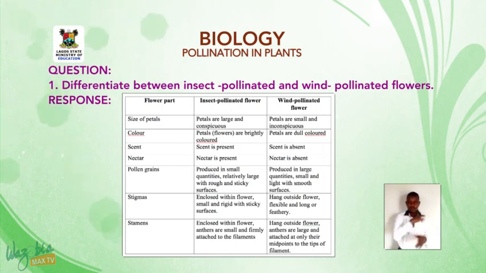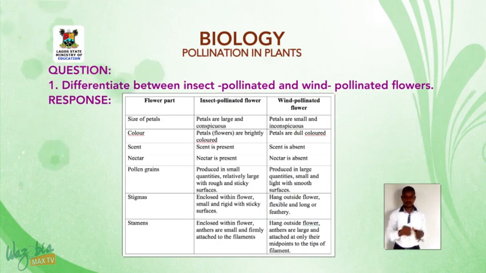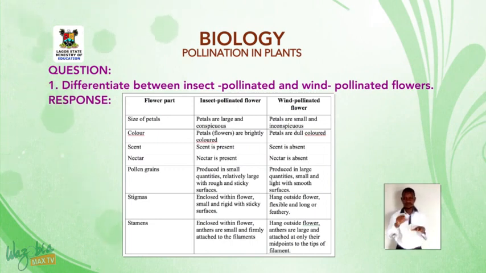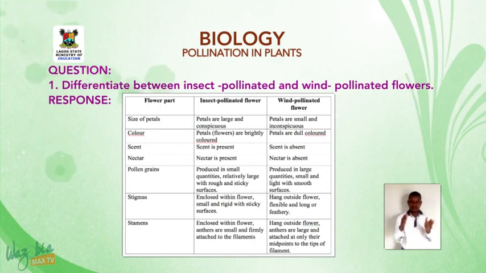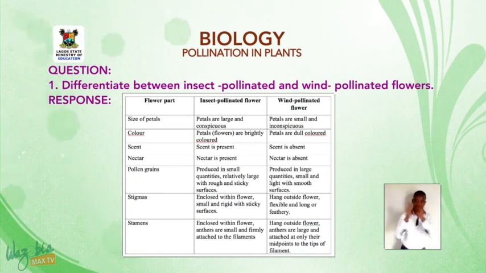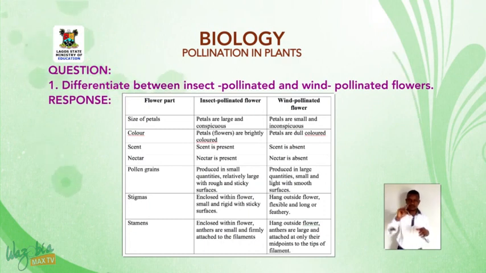Under flower part, stigmas. Under insect-pollinated, stigmas are enclosed within the flower. They are small and rigid with sticky surfaces. Under wind-pollinated, stigmas hang outside the flower. They are flexible and long or feathery. And lastly, here I have stamens.